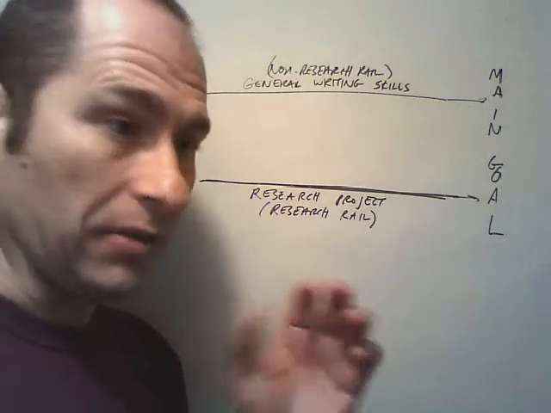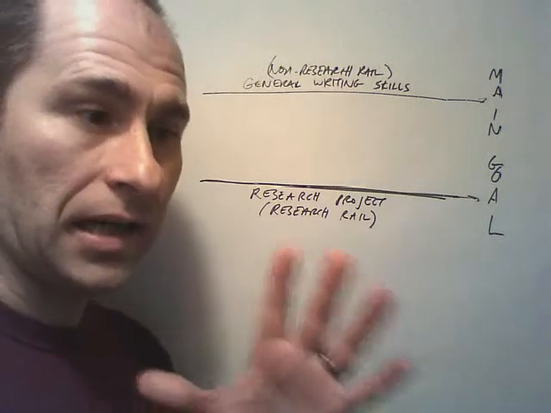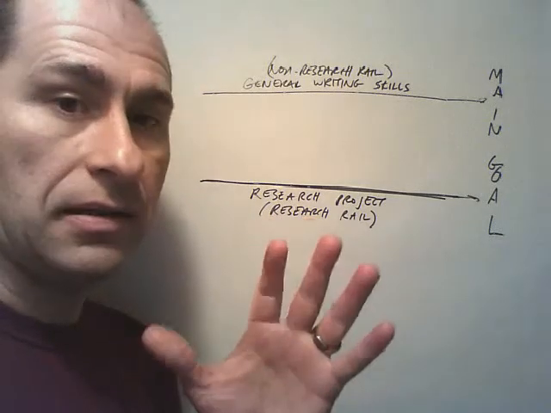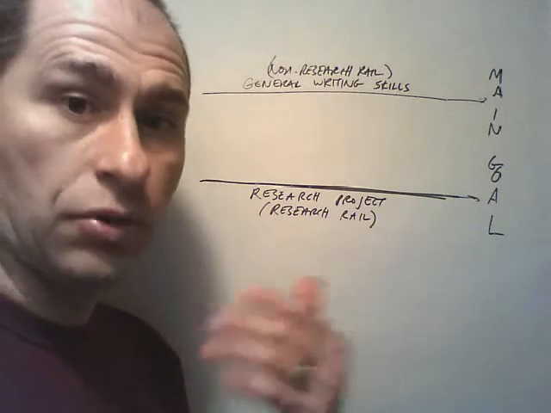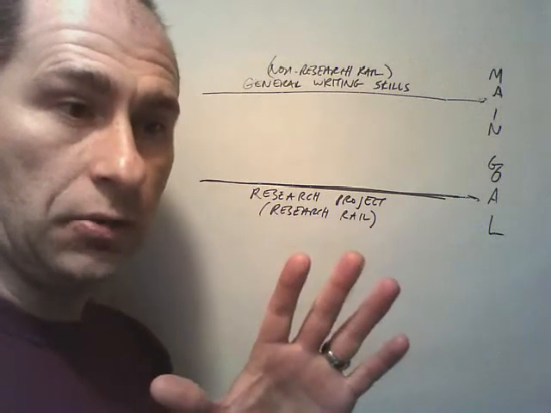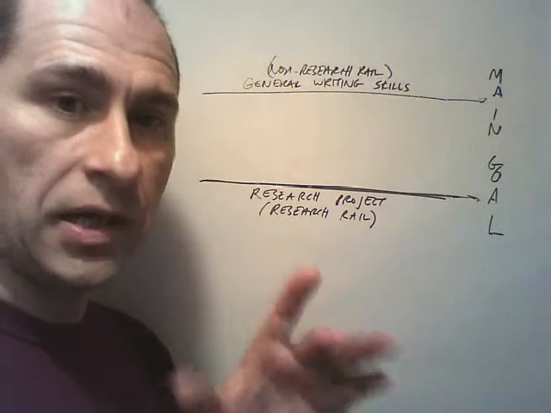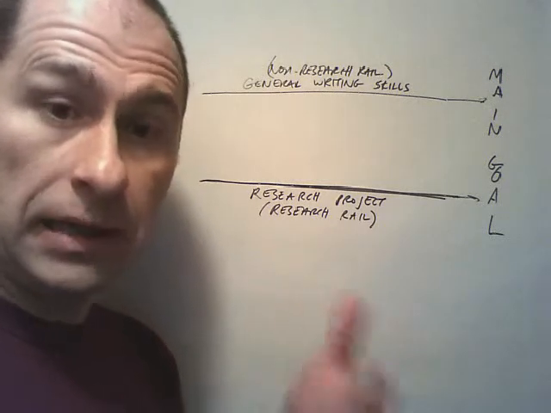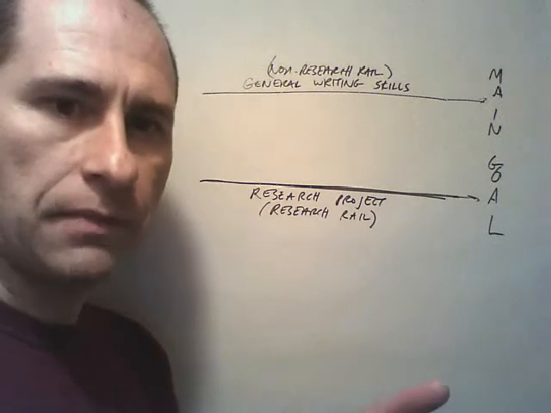Okay? So in college, we're all about getting you to find the right data or evidence or support or logic to present in such a way that your main point, your claim, your argument is established. All right?